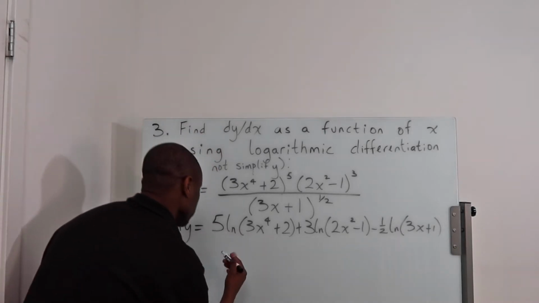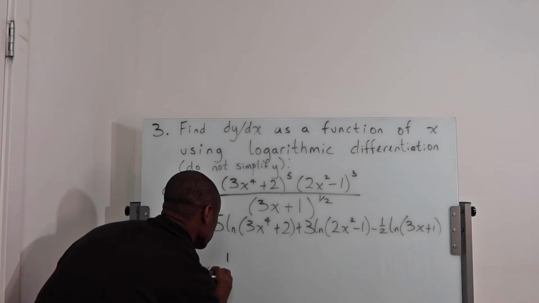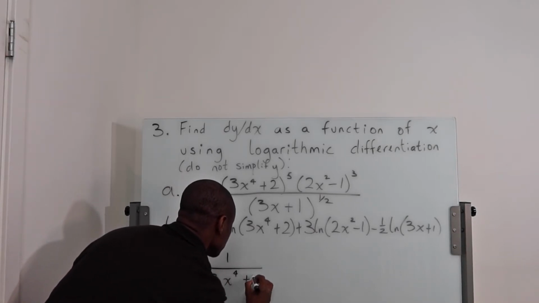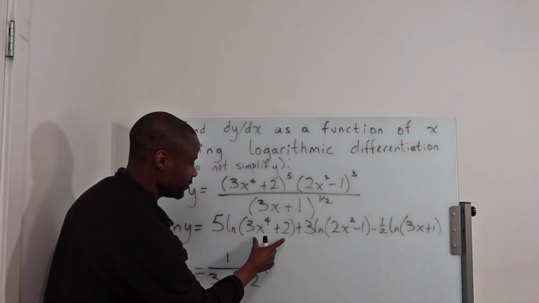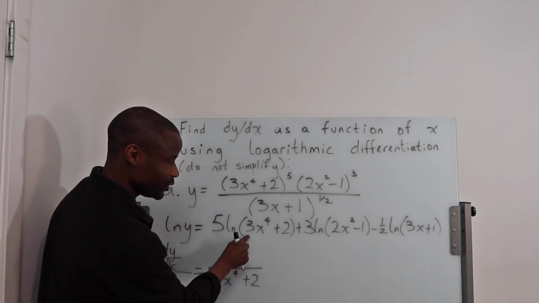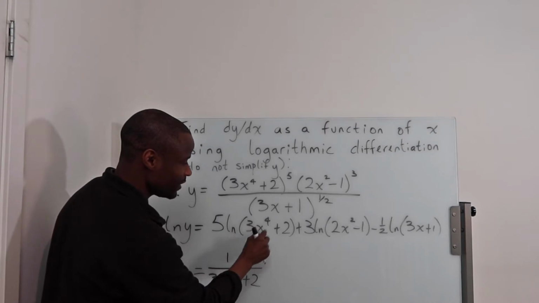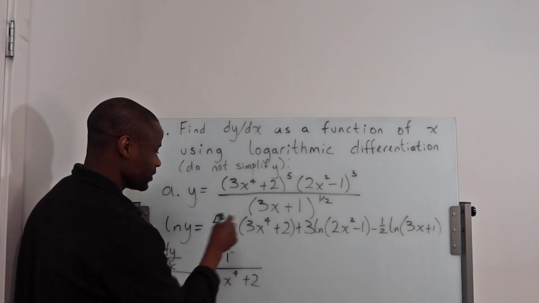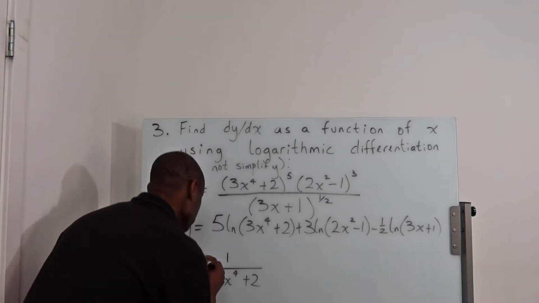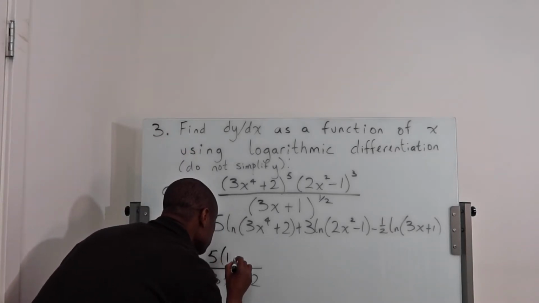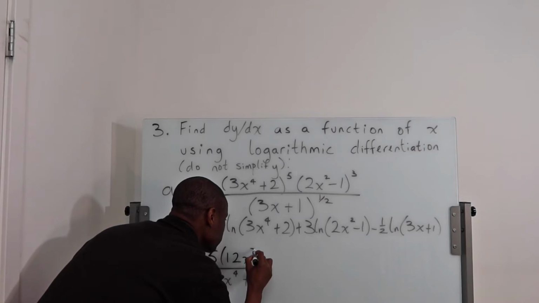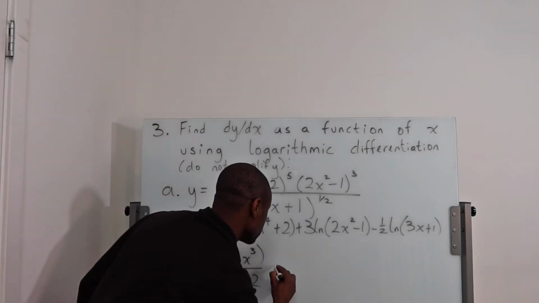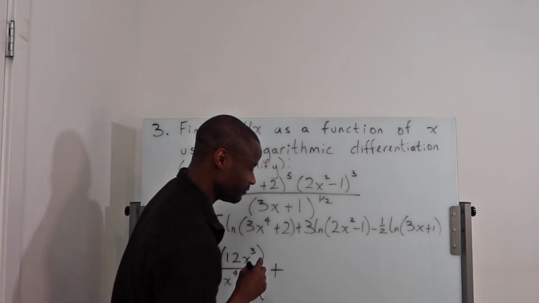So 1 over 3x to the fourth plus 2 times the derivative of this. What's that? 4 times 3, 12. That becomes a 3, so 12x cubed. Don't forget we had 5 here, so it's going to be 5 times 12x cubed. Plus, we have a coefficient of 3.